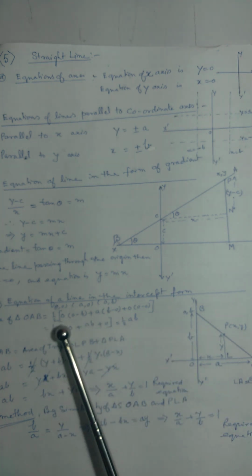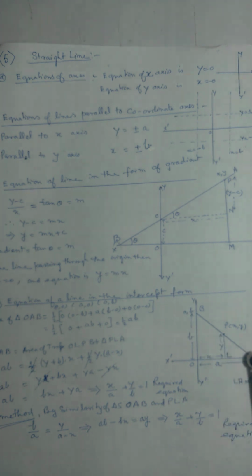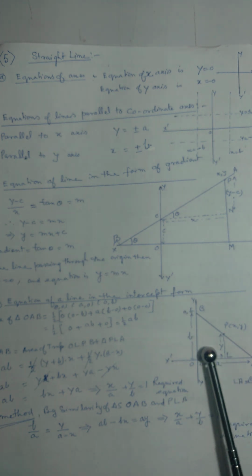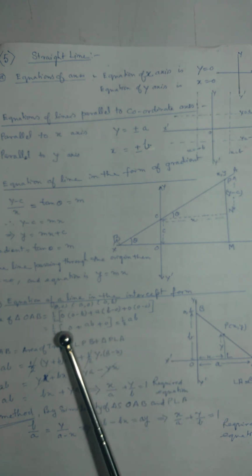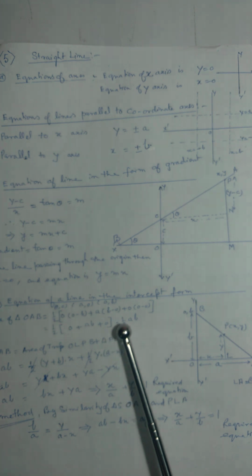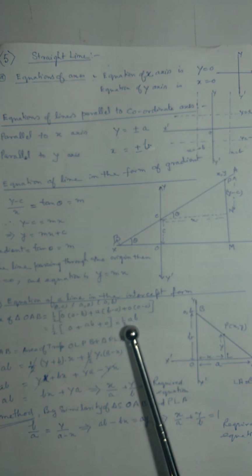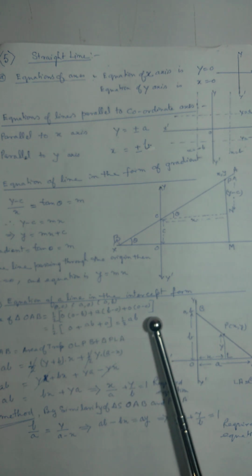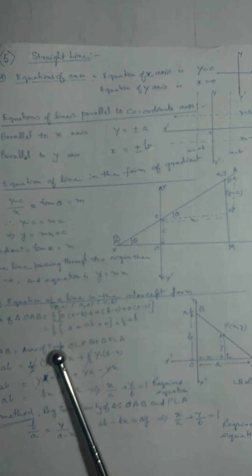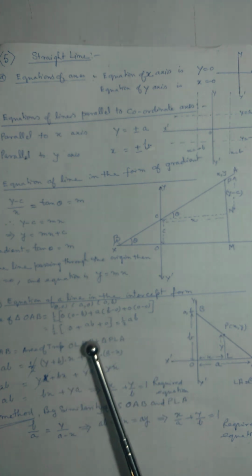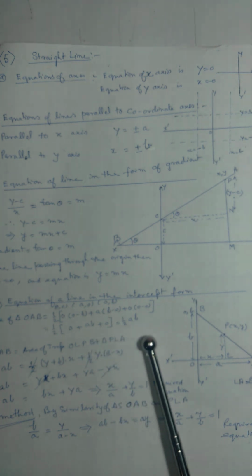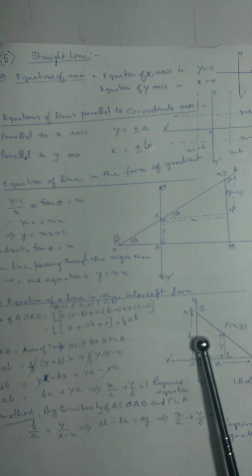We know the vertices of the triangle. So you see 1 by 2 times 0 into (0 minus b) plus a into (b minus 0) plus 0 into (a minus 0). That will further solve, you will get 1 by 2 into (0 plus ab plus 0), that will be equal to ab by 2.